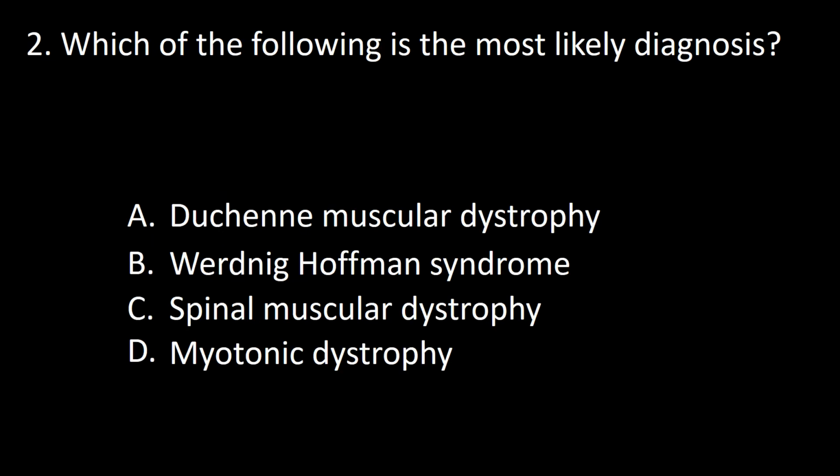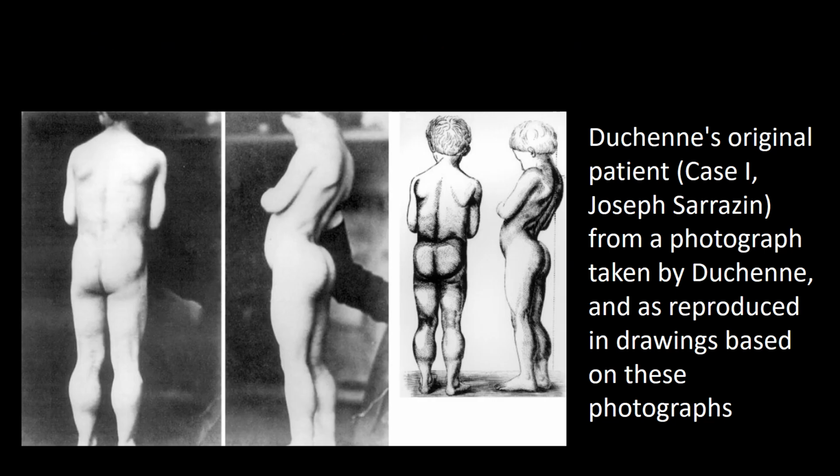Next question is, which of the following is the most likely diagnosis? A. Duchenne muscular dystrophy. B. Werdnig-Hoffmann syndrome. C. Spinal muscular dystrophy. D. Myotonic dystrophy. Please take a look at these photographs and drawings.